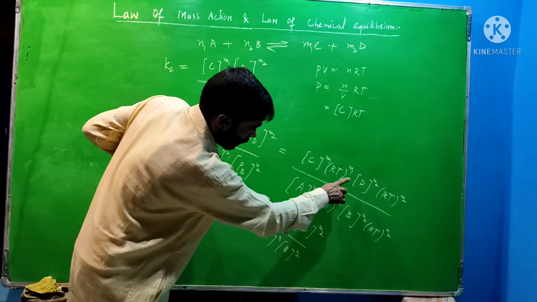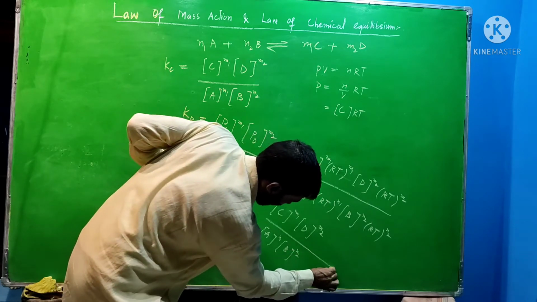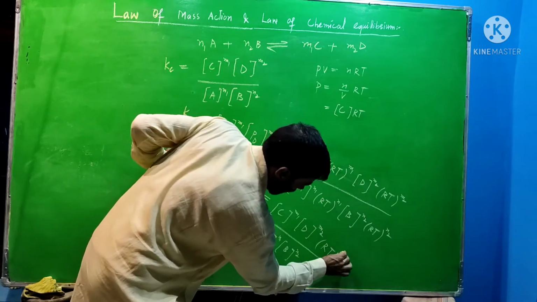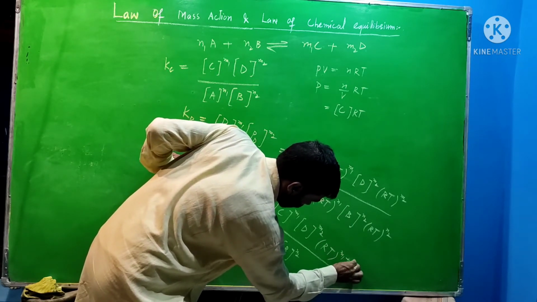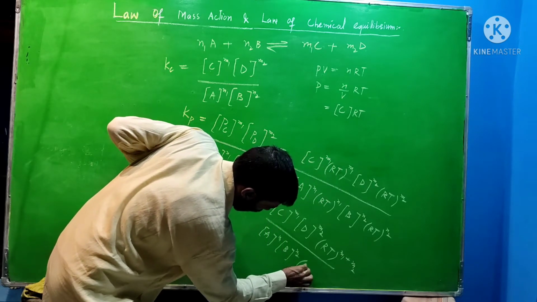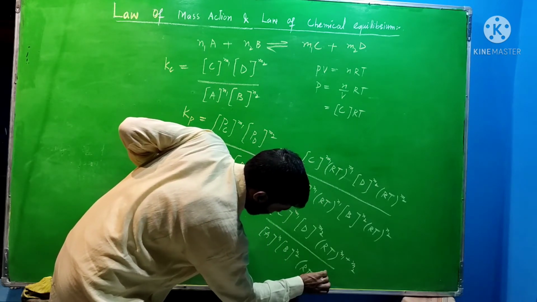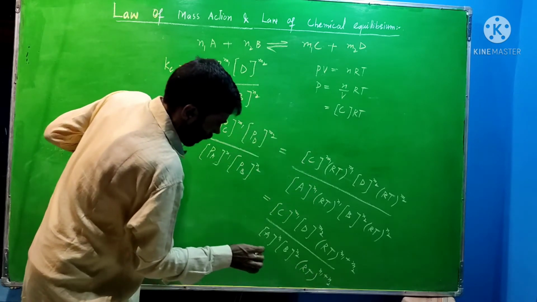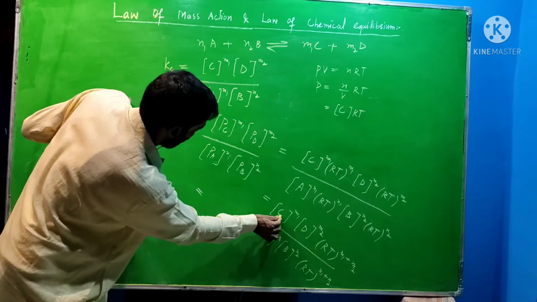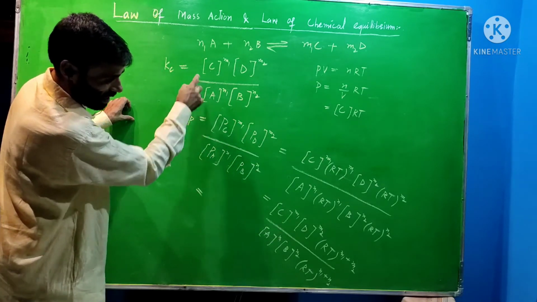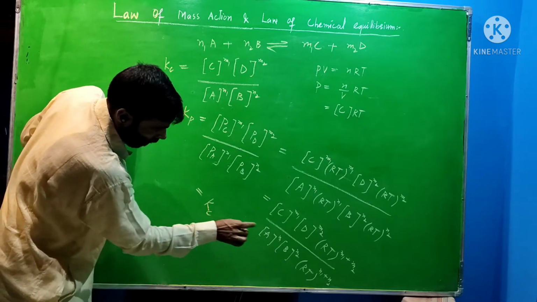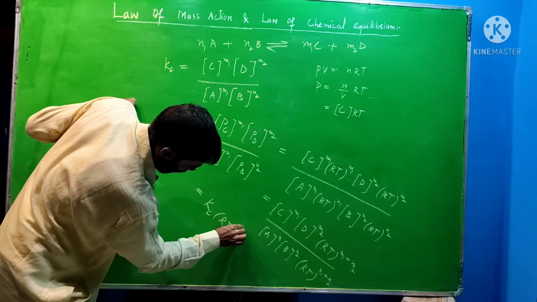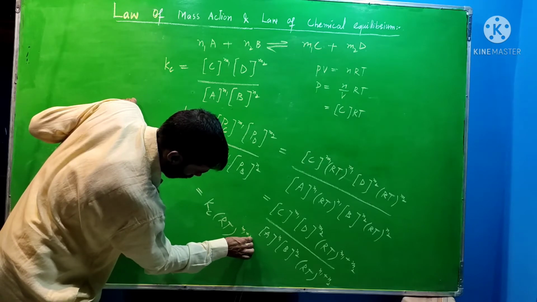After that we have the RT factors. The powers are added: RT raised to m1 plus m2 in the numerator, and similarly RT raised to n1 plus n2 in the denominator. That first ratio is equal to Kc, so we write Kc, and then the term RT raised to power m1 plus m2.